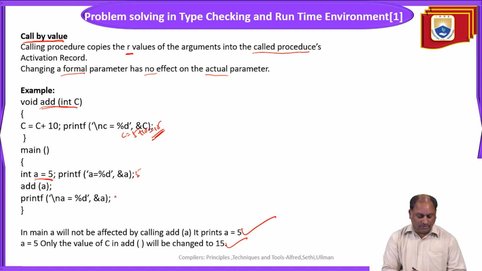But what is the result finally printed after add a? It prints the result with only this value. So the actual parameters and the passing parameter values c and the corresponding a, both parameters are to be verified when passed.